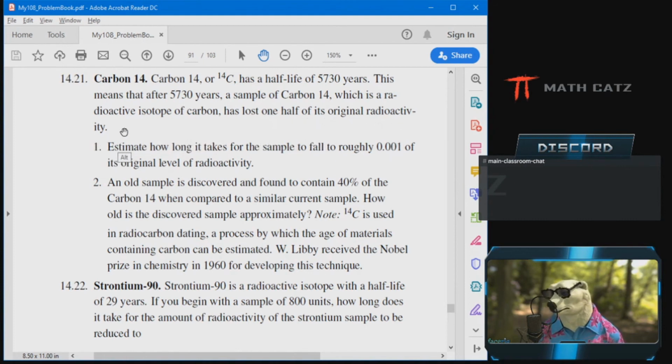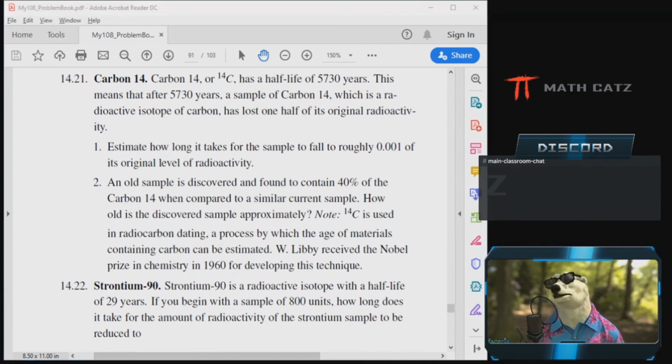That's what half-life means. So it just takes a very long time. So it's very stable. Estimate how long it takes for the sample to fall to roughly 0.001 of its original level of radioactivity.